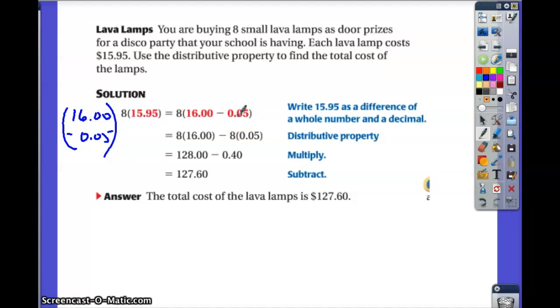So we split these up and end up with 8 times 16 minus 8 times 0.05, which ends up being 128 minus 0.4, and that ends up being 127 and 6/10, or $127.60 for the lava lamps. So again, this is another way to use distributive property. Make sure you follow this example because you're going to do some of these on your homework.